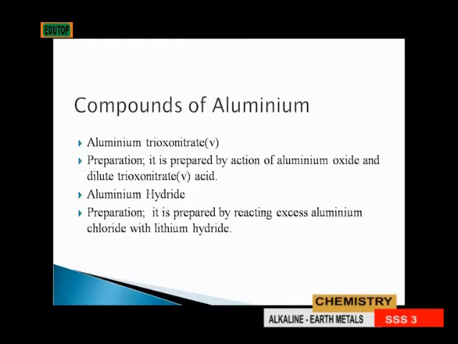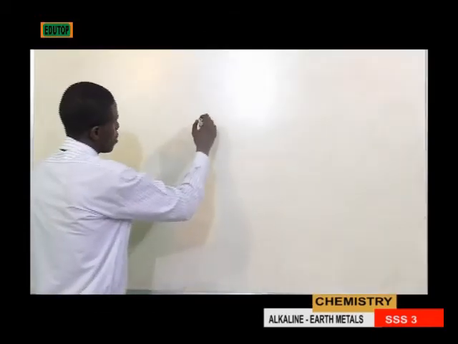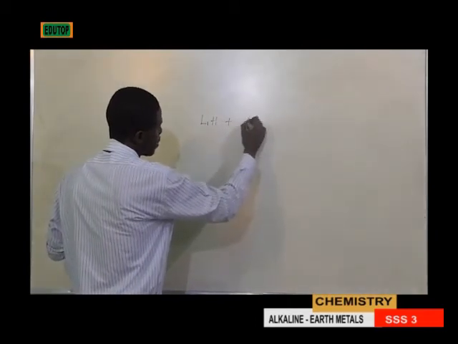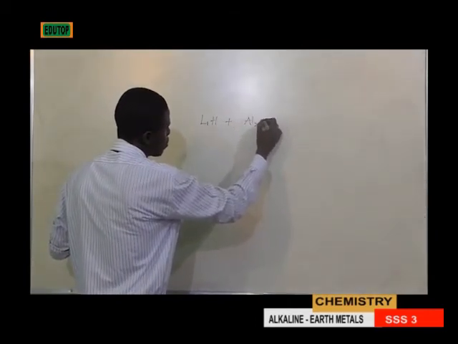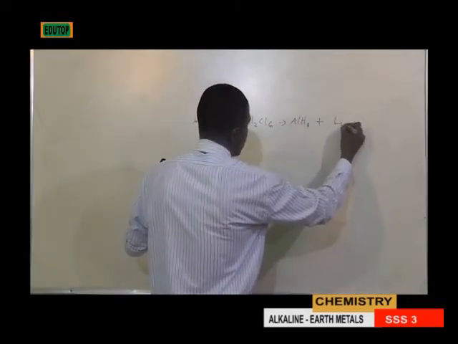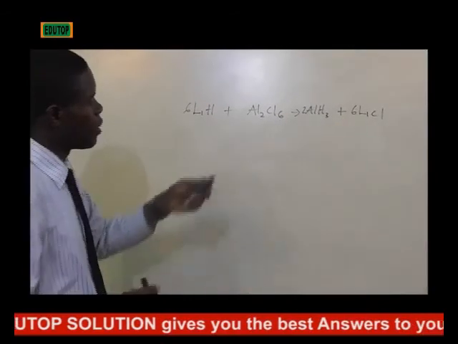Aluminium hydride. Preparation. It is prepared by reacting excess aluminium chloride with lithium hydride. Lithium hydride plus excess aluminium chloride gives aluminium hydride and lithium chloride. So it is balanced.